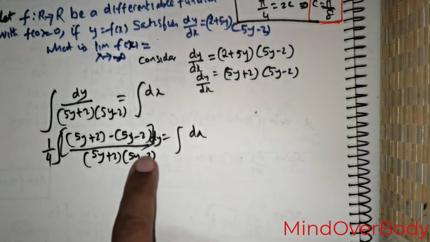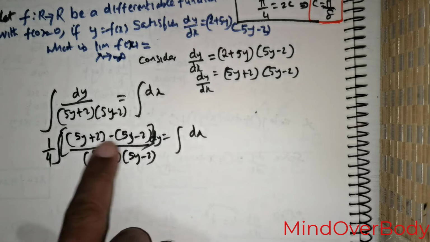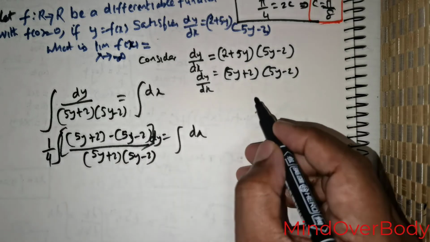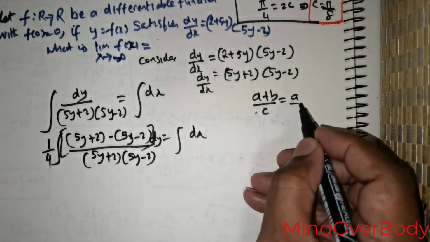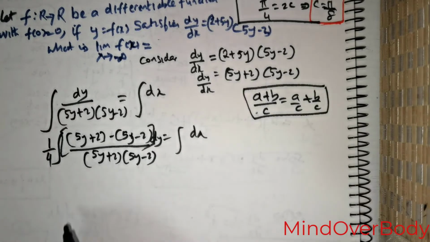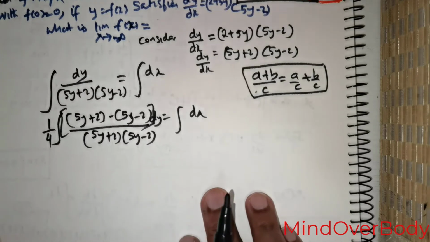Now clearly you can see that this is easily solvable, for the simple fact that whenever I use the concept of algebraic law, say writing (a + b) divided by c as a over c + b over c, then I can easily integrate those terms. So that is the basic idea for this.